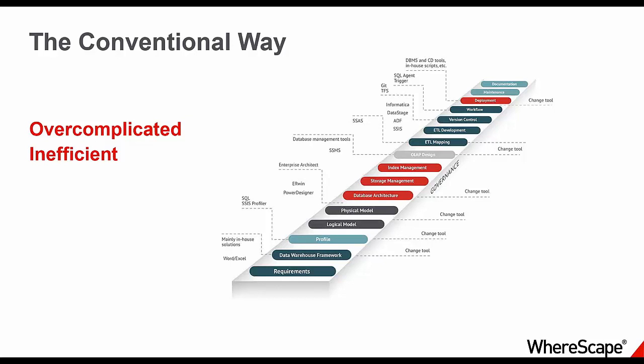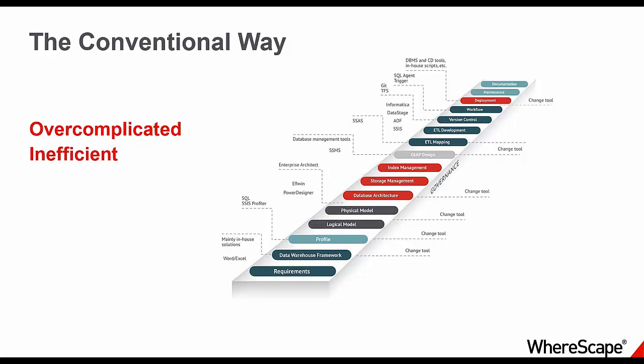The reason we call it that is that projects that take this approach to building warehouses typically run into problems, typically run over time and over budget, and often end up with a very contentious relationship between IT and your business users.